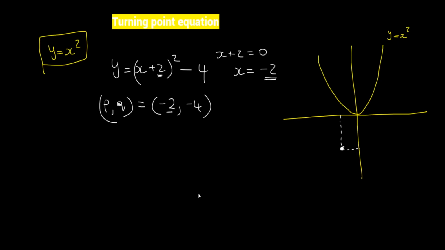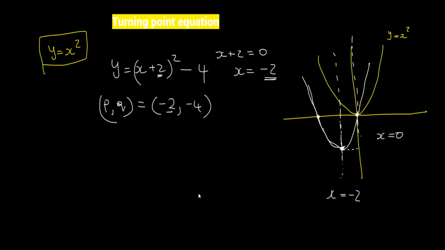That means our parabola is concave up. I'm just going to draw something. I do not know the exact values of these points, but I want to show you something. From the original graph, we had the axis of symmetry as x equal to 0. And now we have a new axis of symmetry, which is x equal to minus 2.